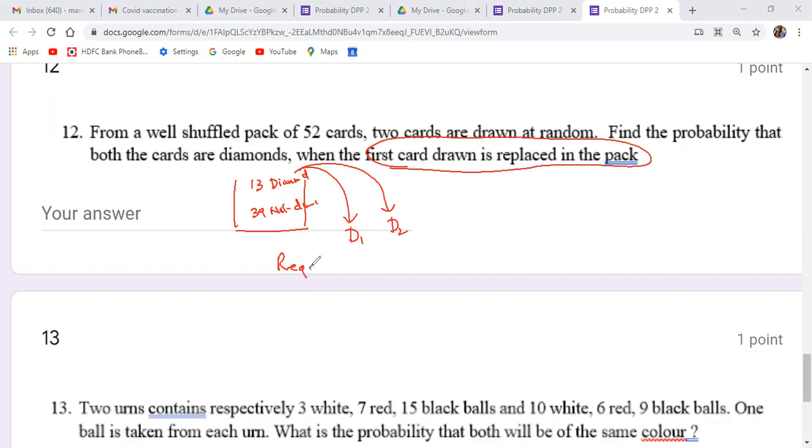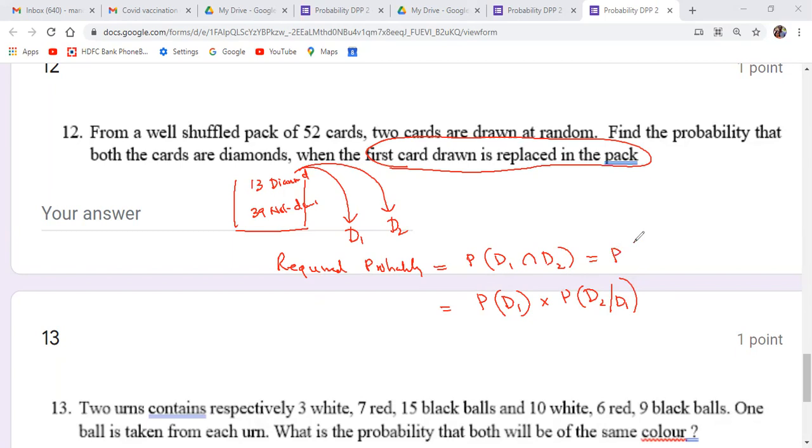So the required probability is P of first is diamond and the second is diamond. That is probability of D1 into probability of D2. Even if you write given D1, it doesn't matter, it does not mean anything. Why is writing D1 not necessary?